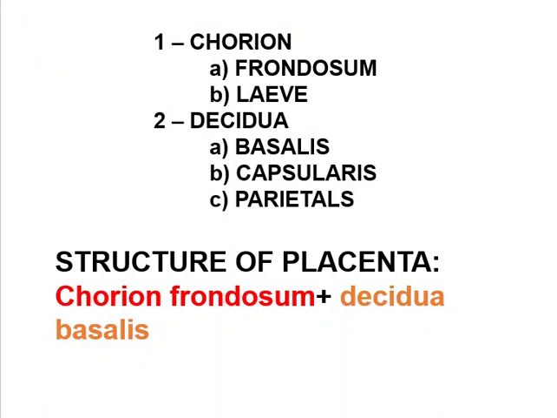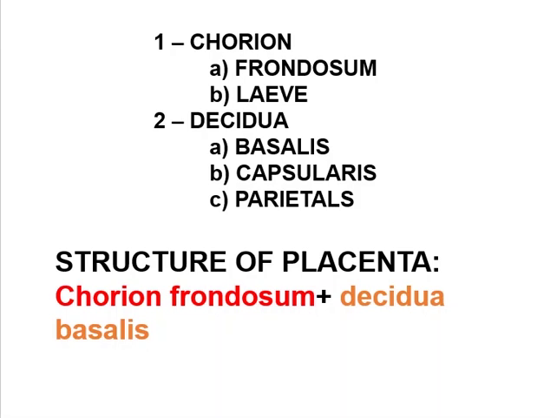Just to memorize, the chorion has two parts, laeve and frondosum, which are of embryonic or fetal origin. The decidua, which is related to the endometrium, has decidua basalis, decidua capsularis, and decidua parietalis.